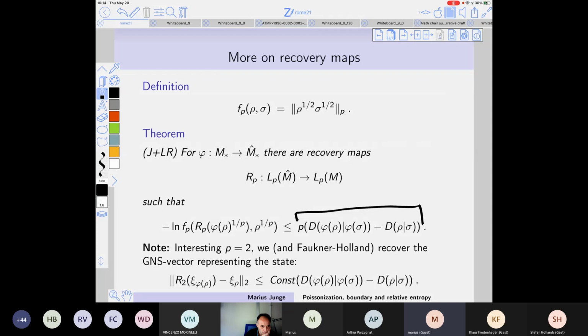So what this says is that if the relative entropy under a channel map is not changed too much, then you can not only recover the state, you can recover the GNS vector of that state, which I think is a cool interpretation, right? So the right way to recover is to recover the GNS vectors from the states. Yeah, so that can be helpful. And there are some calculations, so this is why there's a constant popping up. Okay, so that's about recovery.